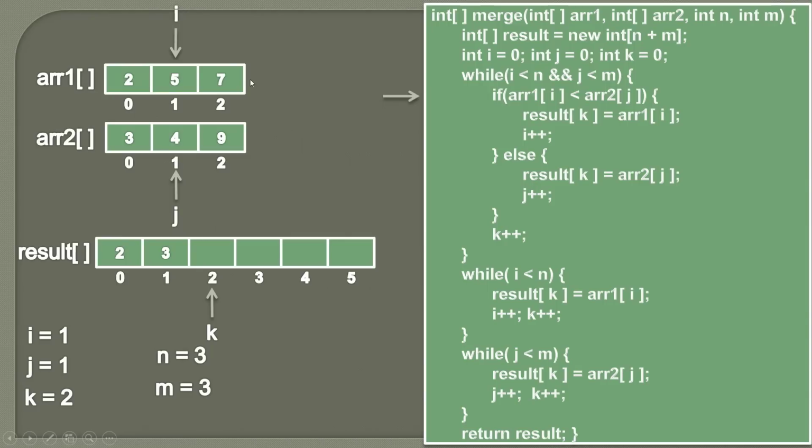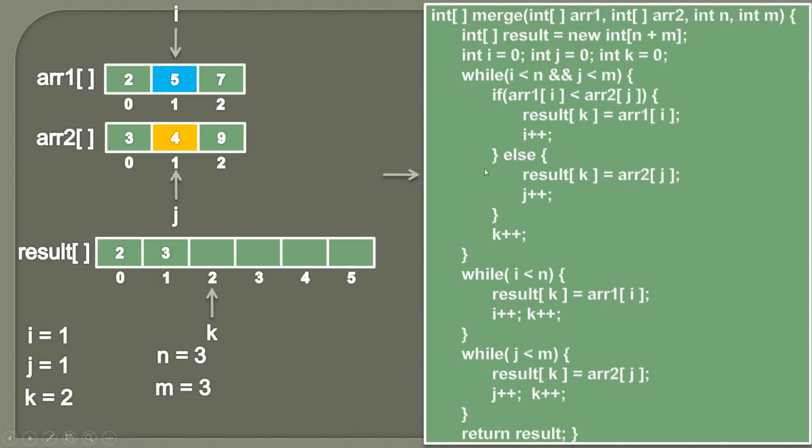We'll compare the value at the ith index for array 1 with the value at the jth index for array 2. So here we are comparing 5 with 4 now. And here you can see 5 is not less than 4. So this condition comes out to be false.